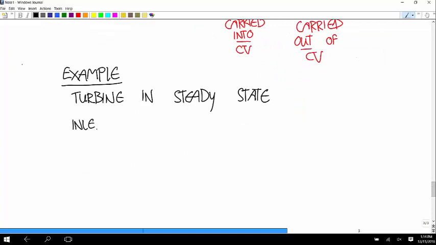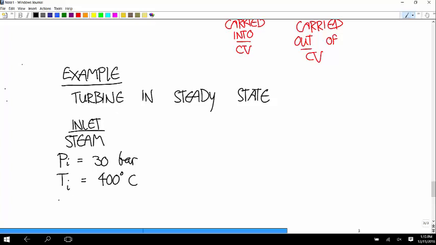At the inlet, we have steam with a pressure of 30 bar, a temperature of 400 degrees Celsius, and a speed of 160 meters per second.